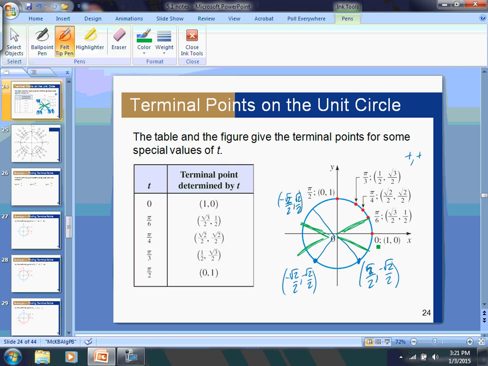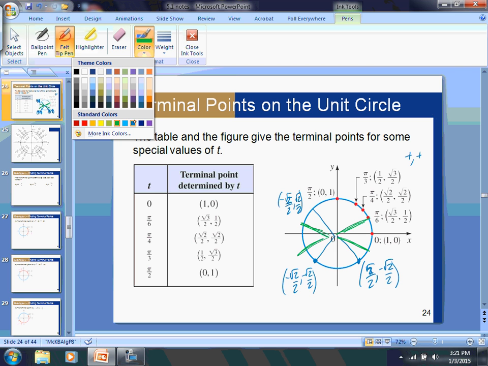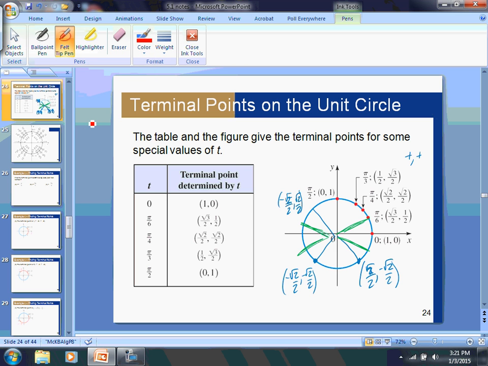They're just going to change signs. And all the pi over 3's, they're still going to have these values for their terminal points. They're just going to change signs because they change locations. And the signs are going to change according to the signs for that quadrant.